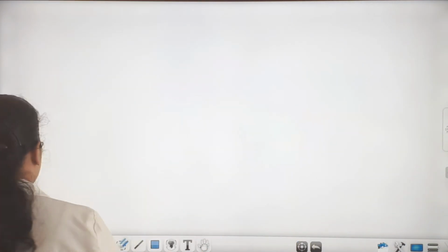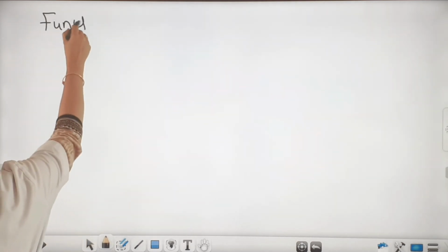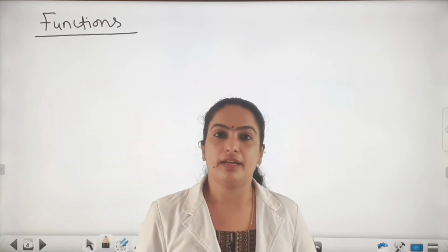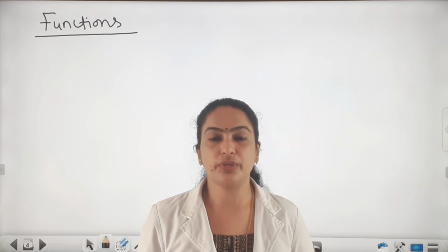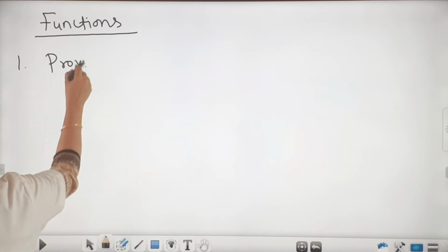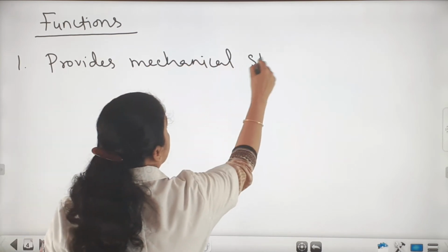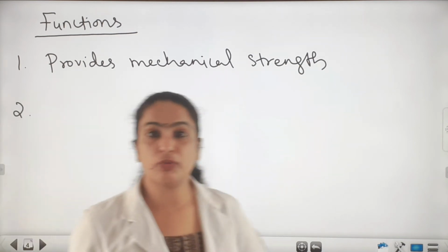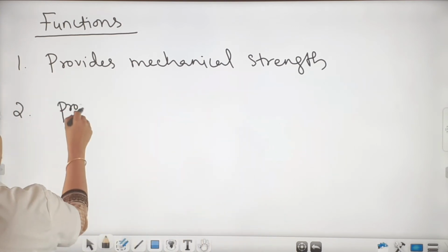Now we can see the functions of sclerenchymatous tissue. As I told you, it is present in the hard region of the plant body, so it provides mechanical strength to the plant body, and it provides rigidity and stiffness to the plant body.